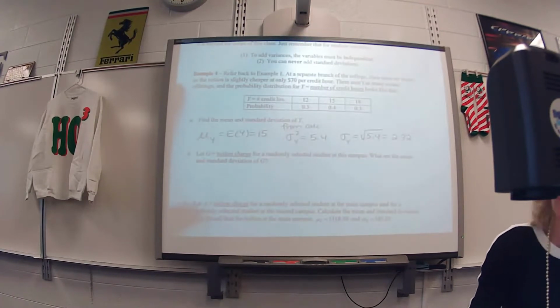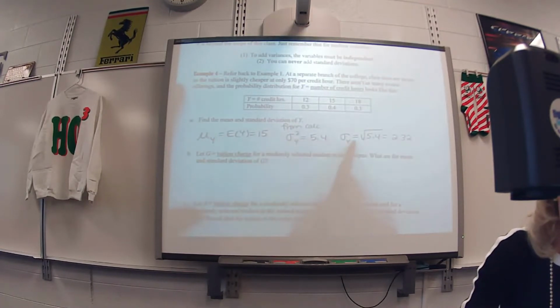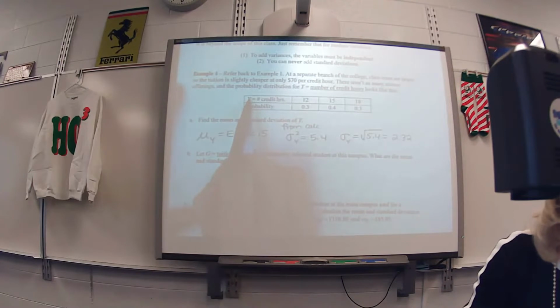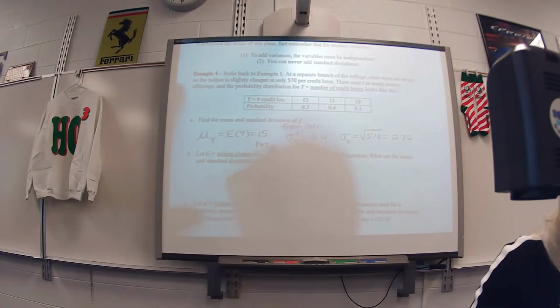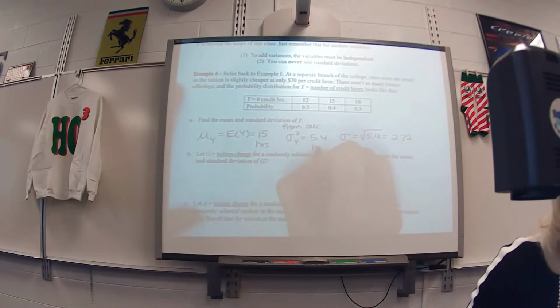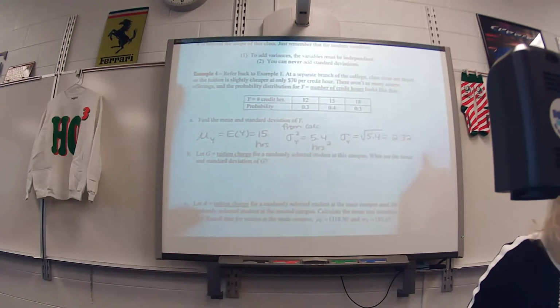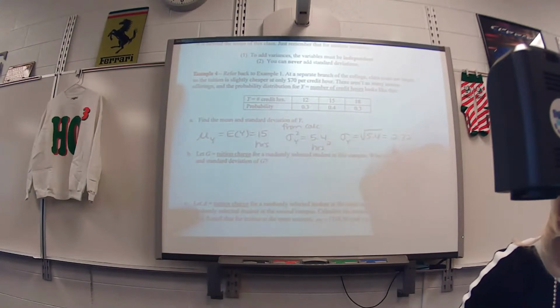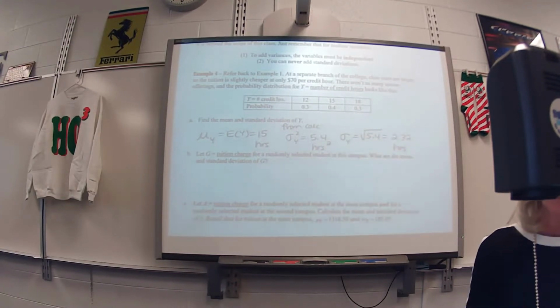And just a reminder, when you figure all of these out, we are finding the average number of credit hours. The variance would be in hours squared, which really has no real world meaning. Because we square root it, we'd be back in hours.